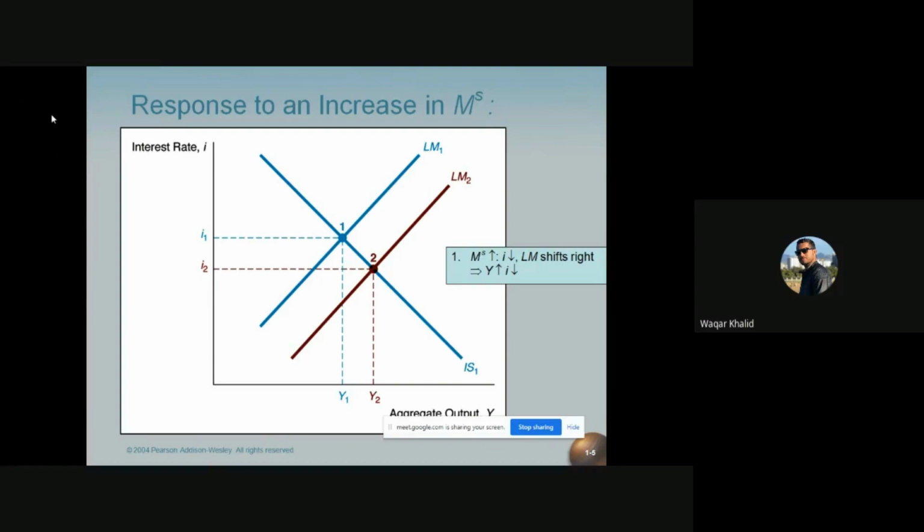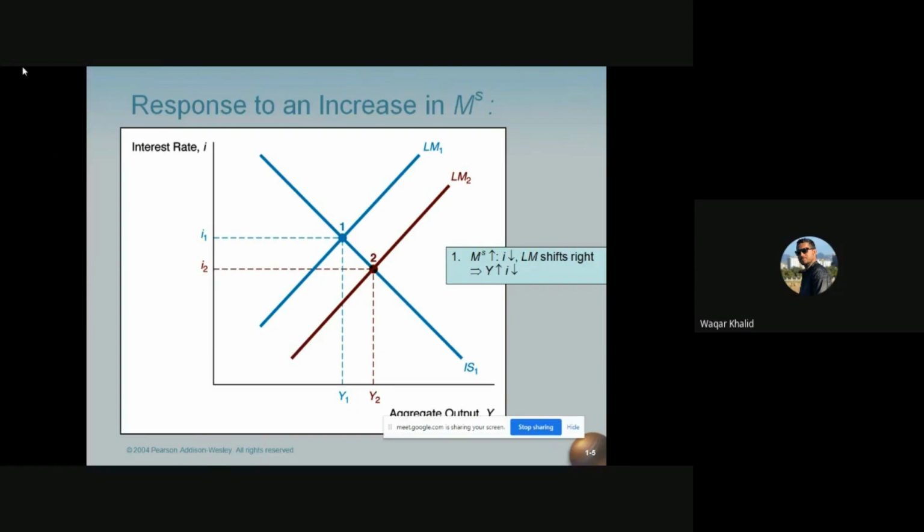At point 2 we have the new interest rate, which is I2, and the new level of aggregate output, which is Y2. So at point 2 the original IS curve touches the new LM curve, LM2. As a result of an increase in money supply, the interest rate declines.